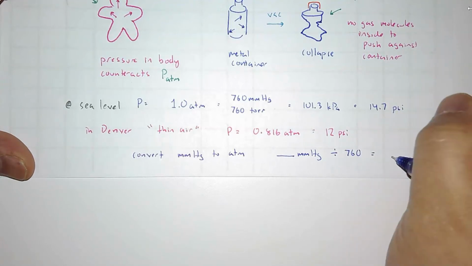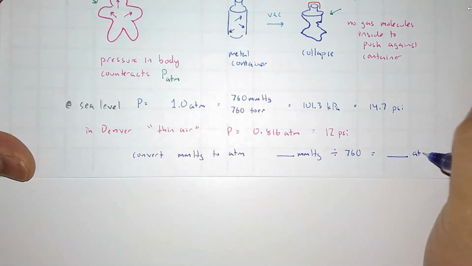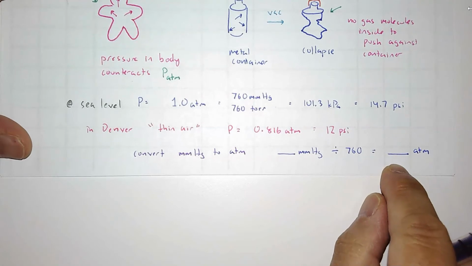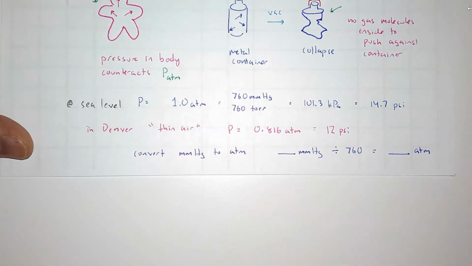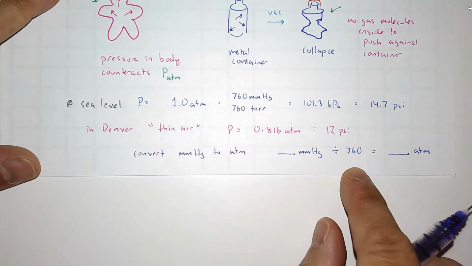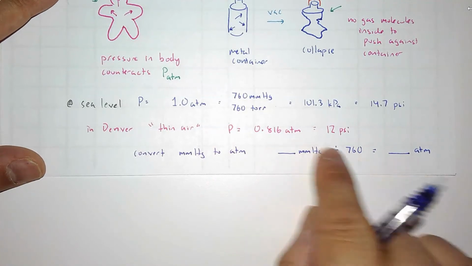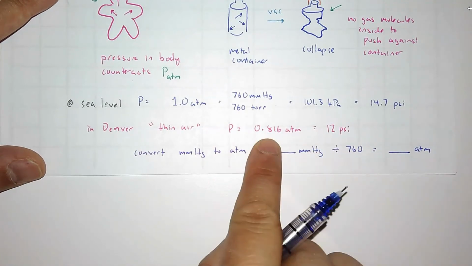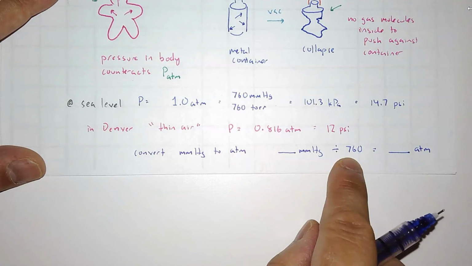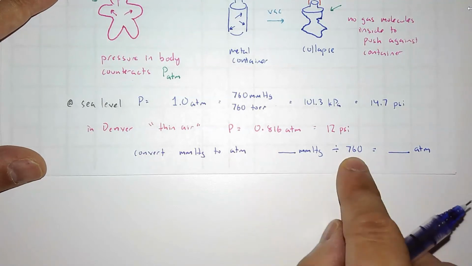And that will give you the pressure in ATM. Alright. You can even go backwards also. So if you want to go to mmHg, just take this ATM, 0.816, and what do we do here? We multiply it by 760.